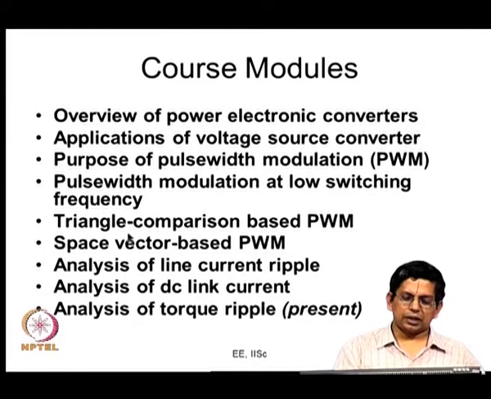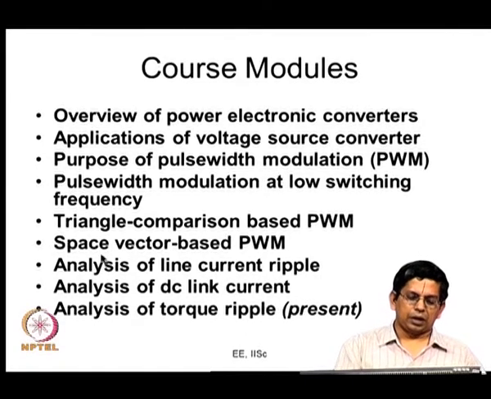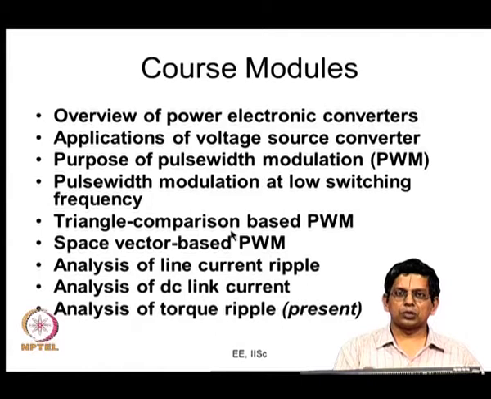In triangle comparison you have things like sine triangle PWM, third harmonic injection, etc., in continuous and discontinuous PWM methods. In space vector you would normally use conventional space vector, and you would use bus clamping PWM methods.